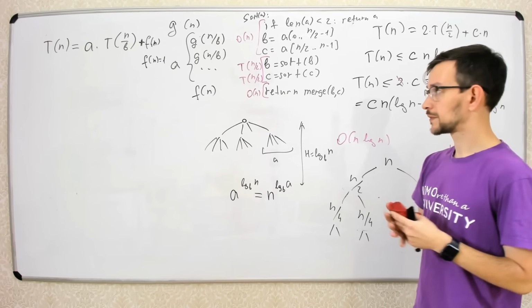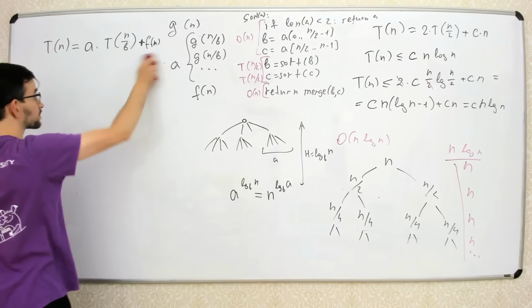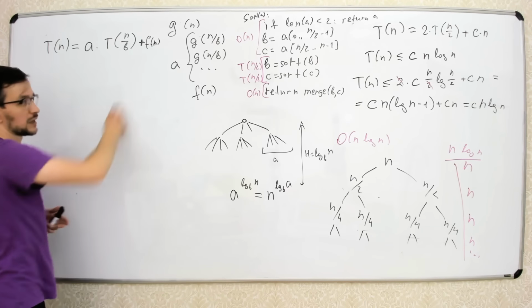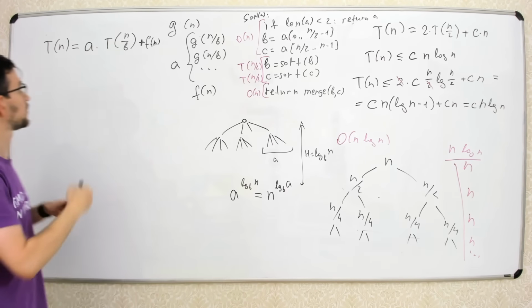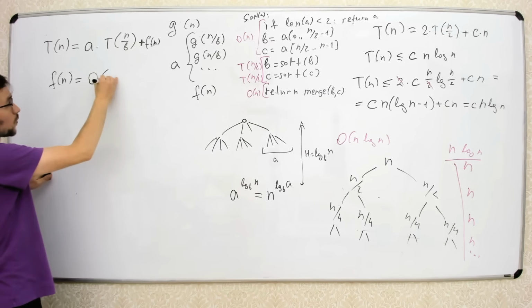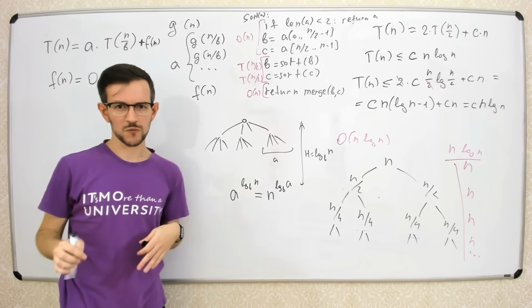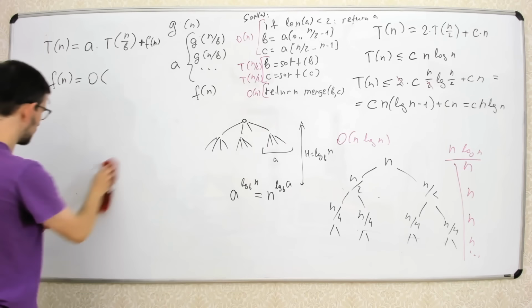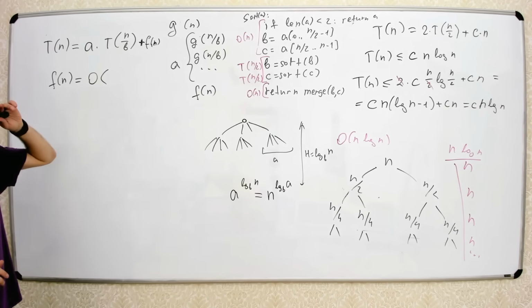And now, what does the theorem say? The theorem says that if this function f is much less than this n to the power of log base b of a, for example, if f of n is big O of, again, it will be a very simplified version of the master theorem. We'll just not try to add more difficulties.